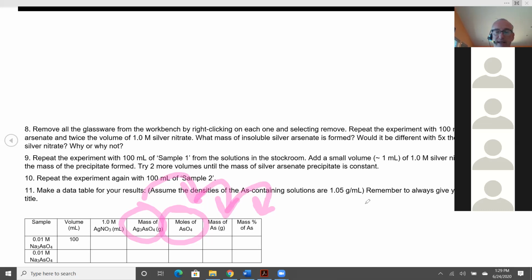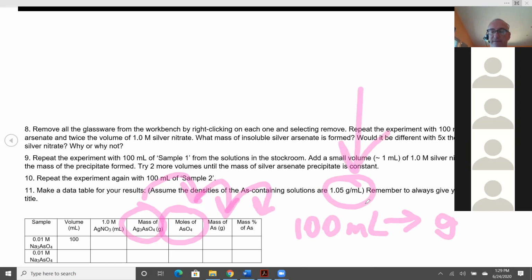And so in order to calculate the mass of your solution, you need to know what the density is. Because all you know is that you used 100 mils of solution, or 50 mils, or however much you used. And you need to convert that to grams. To do that, you need the density, because that's the relationship between mass and volume.